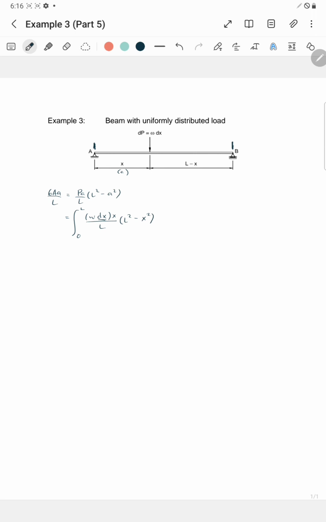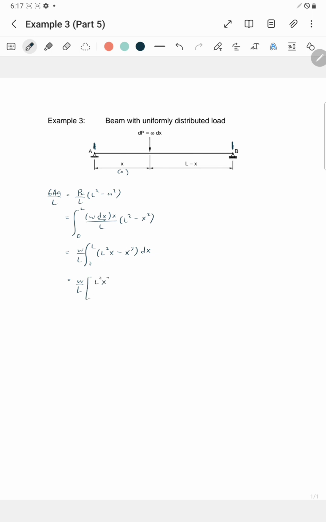Actually, sa problem solving, kung after tayo sa numerical value, syempre given yung W, given yung L, so ipipindot na lang sa calculator, no? Pero since tayo ay nagdi-derive ng formula, so ipe-perform natin yung manual integration. Okay, so simplify, apply manual integration, distribute x, so L square x minus x cube, and then dx. Then integrate.